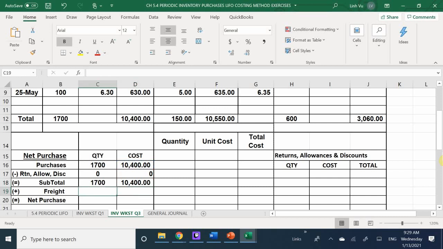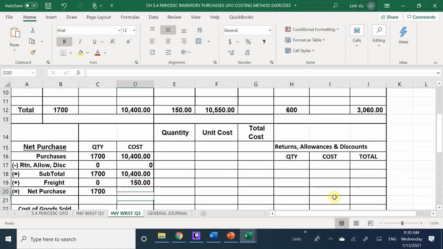We have freight, which has no effect on quantity, but it does affect our cost. So now I need to add these two together. So I have a total 1,700, costing me a total of 10,550.